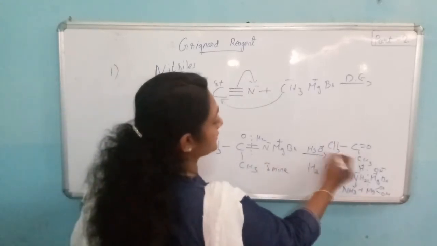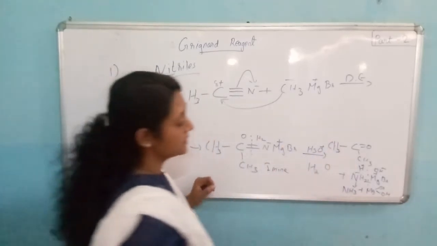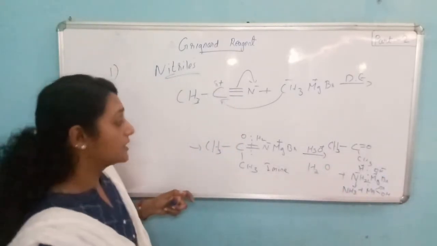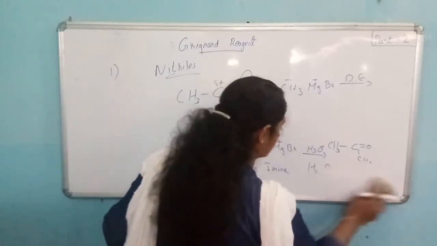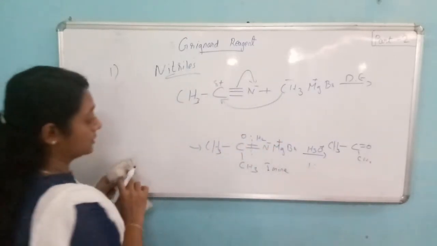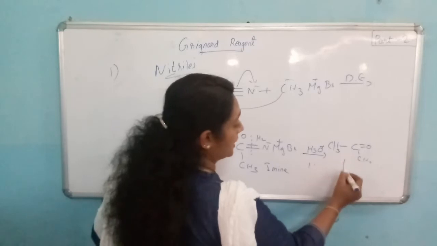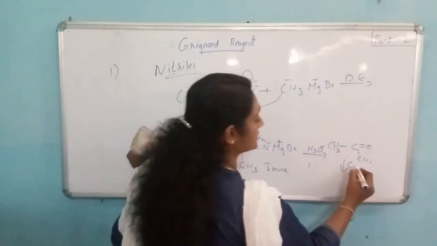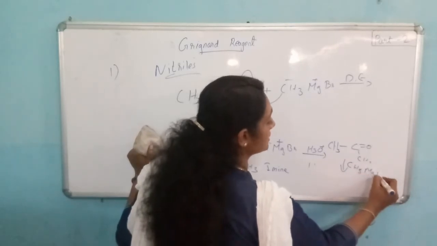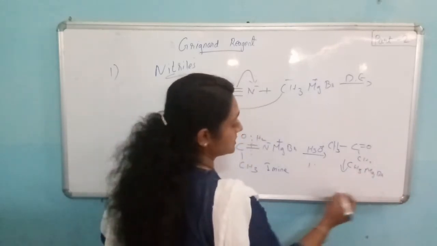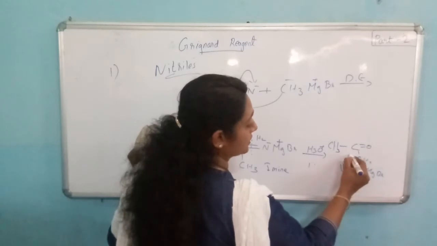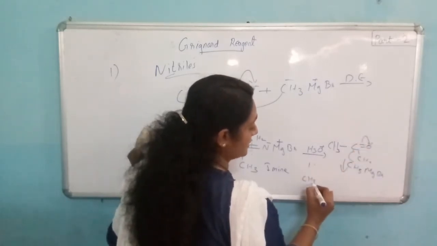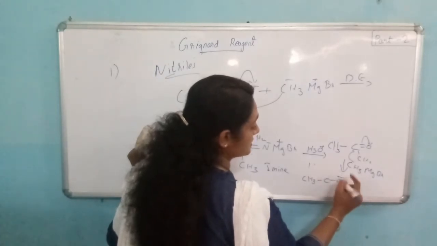From hydrogen cyanide we get an aldehyde product, and if in place of hydrogen we put a methyl group, then the product will have the same mechanism, and the product is a ketone. The ketone is a highly reactive compound, and this ketone again combines with another mole of Grignard reagent CH3MgBr, and CH3 comes and attacks the carbon, the bond shifts to oxygen. We get CH3 C O minus.